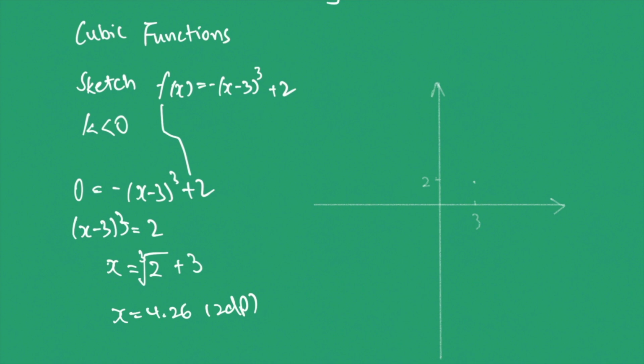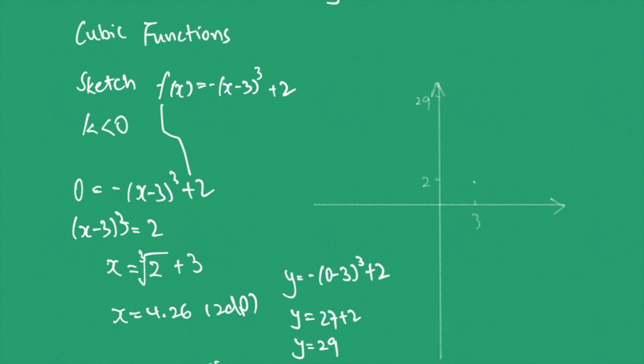And for the y-intercept, we put 0 for x. We will get y equals negative (0 minus 3) cubed plus 2. y equals 27 plus 2 equals 29. So the y-intercept will be 29.